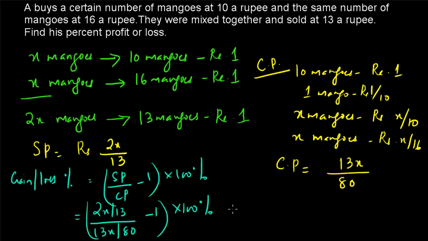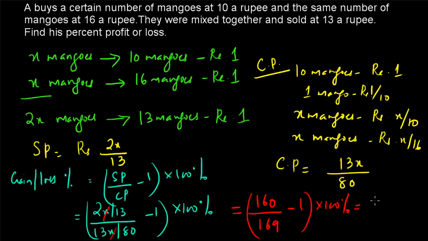So we will get 13 will go to the denominator and 80 will go to the numerator. So x and x will cancel out. So we will have 160. 80 into 2 is equal to 160 and 13 into 13 is equal to 169. So 160 by 169, minus 1, into 100 percentage.